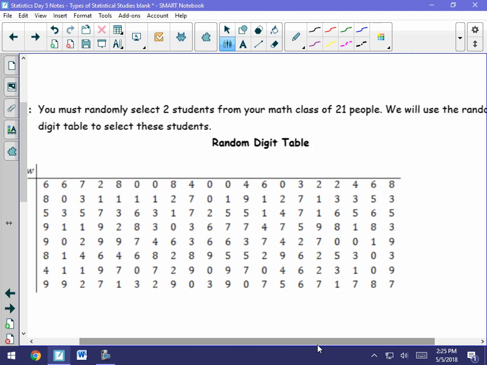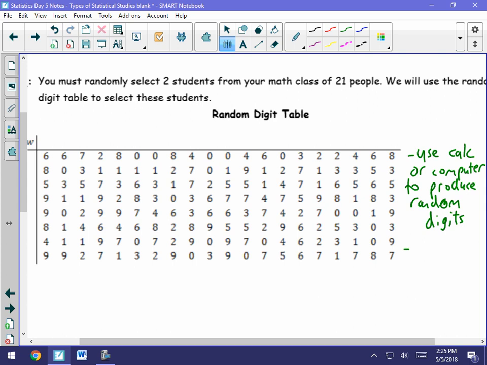Where do these random numbers come from? You can use your calculator or you could do it on a computer. So use a calculator or computer to produce the random digits. You just have this big list of completely random digits between 0 and 9 from the calculator or the computer.